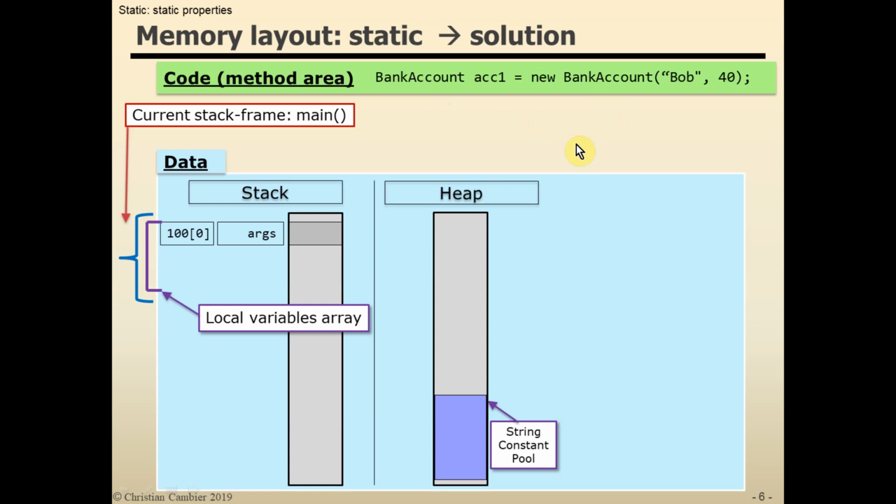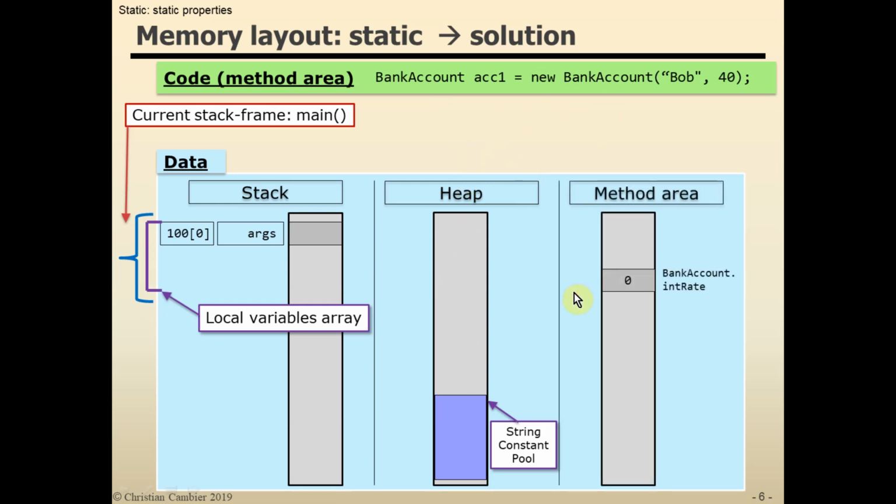And this time, before creating the actual object on the heap, since the class now has a static interest rate variable, memory for this variable is allocated first in the method area as well and initialized to its default value of 0. And this will happen only once. After that, the object is created on the heap.